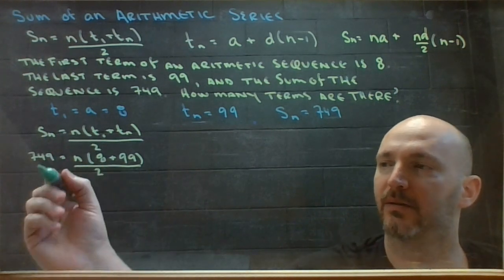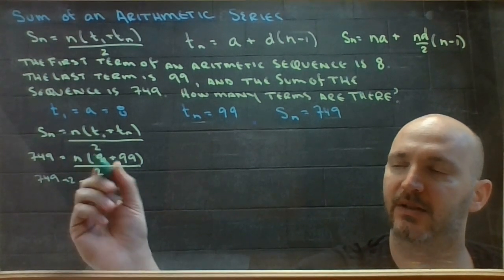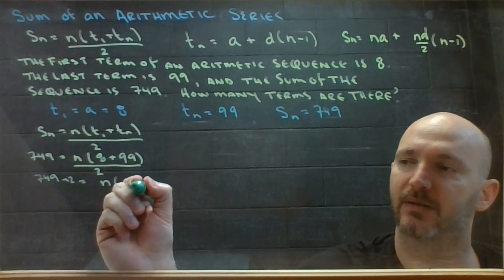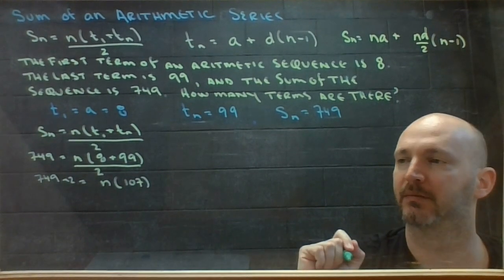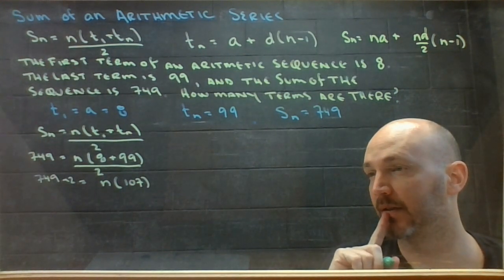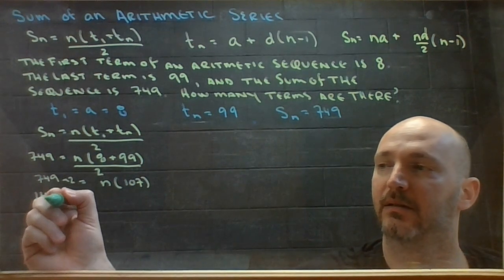All right, so 749 multiplied by 2, we'll get that 2 out of the denominator. 8 plus 99 is 107. 749 times 2 is 1,498.